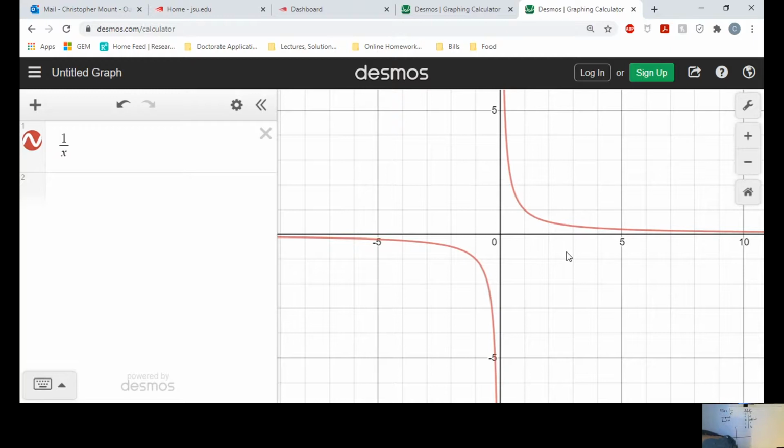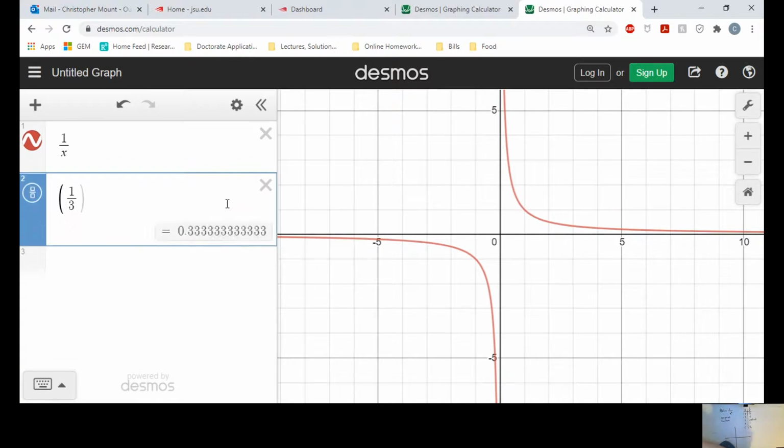Well, because I want you to get an idea of how the values are working, how it's called a reciprocal function because it takes in inputs and takes the reciprocal of them. If you give it a 5, it gives you 1 over 5. If you give it 1 over 3, it'll give you a 3. So if I graph the point with an input of 1 over 3, it should give me an output of 3, and there it is. There's that point, 1/3, comma 3. It's a reciprocal function.